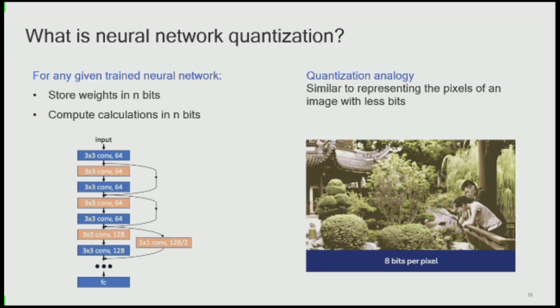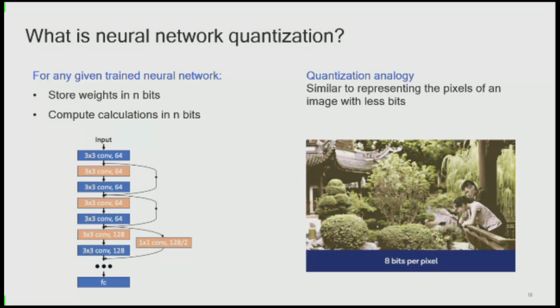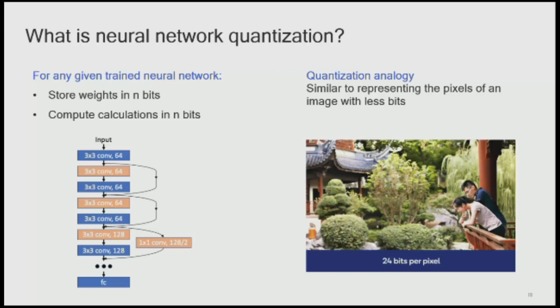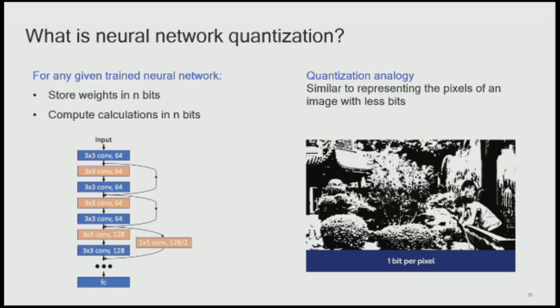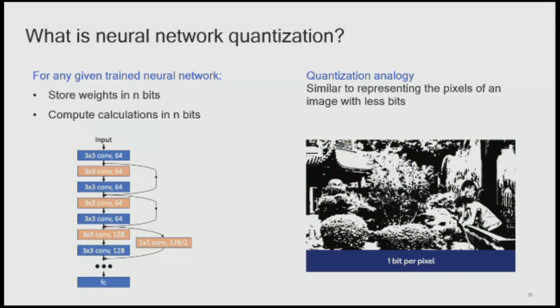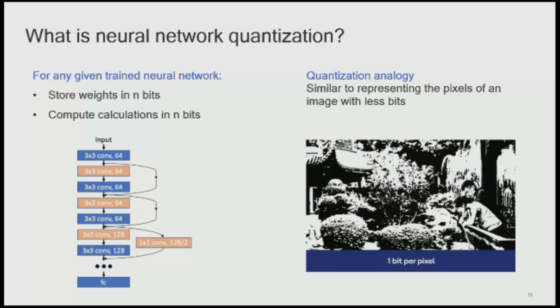But somehow it has some drawbacks, which can be seen by analogy in the figure on the right here. For example, if you have a 24-bit pixel image, it shows a much more informative image. But if you quantize that to 8-bit, you will lose certain information, and if you go down to 1-bit, it can only provide you grayscale images.